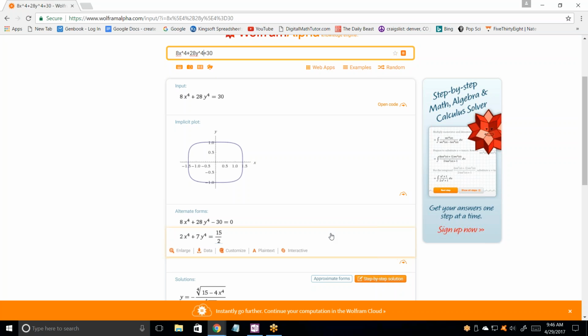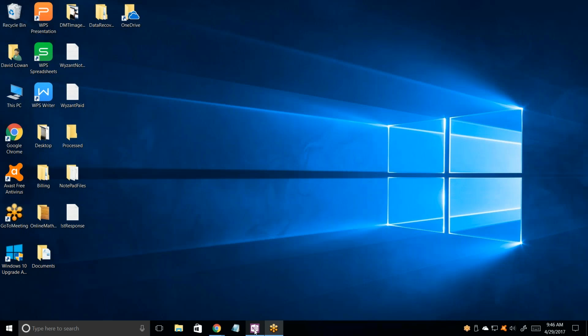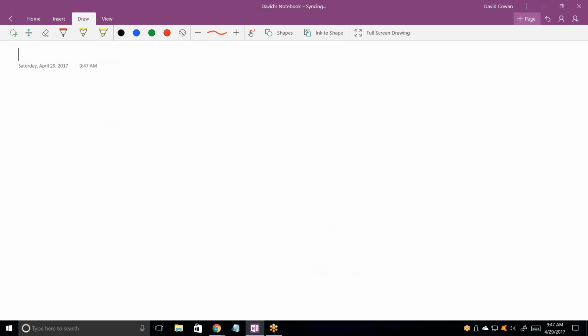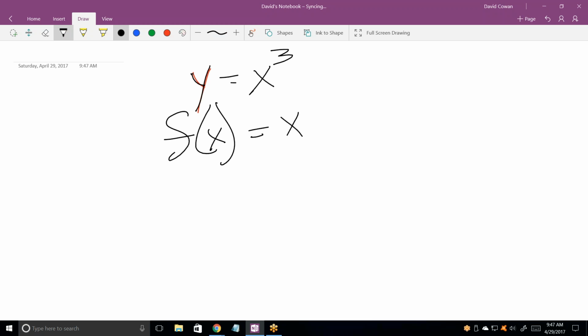If I have a function, then I can apply even and odd. For example, a very nice odd function to remember is f of x equals x cubed.